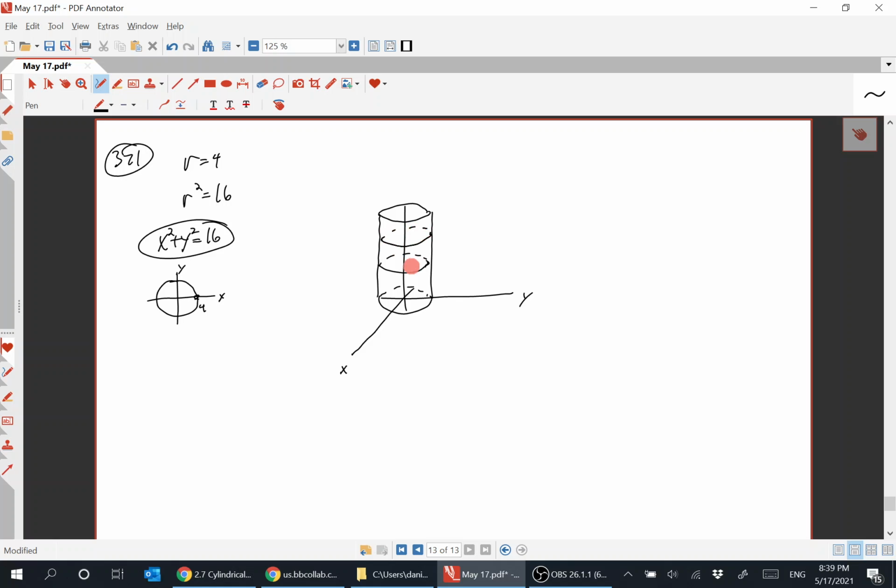So you just get copies of these circles for every different value of z on the z-axis. Right, so you get the circular cylinder moving along the z-axis, parallel to the z-axis. So r equal to 4, that's what you get. You didn't have to transform it here into rectangular coordinates, but we did.